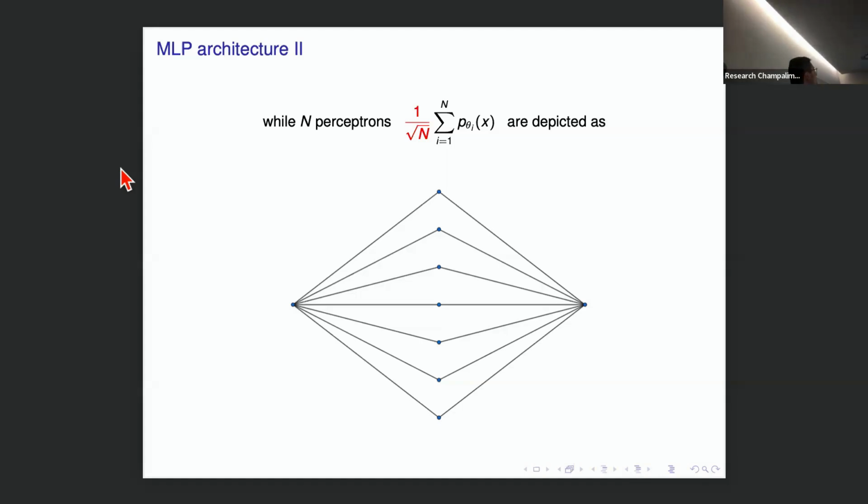And what is typically done is to divide by the square root of n, and we will see later why that happens. So this is the standard multi-layer perceptron architecture that is used in applications. It's with only one layer. It's to have these perceptrons summed up and then divided by the square root of n.